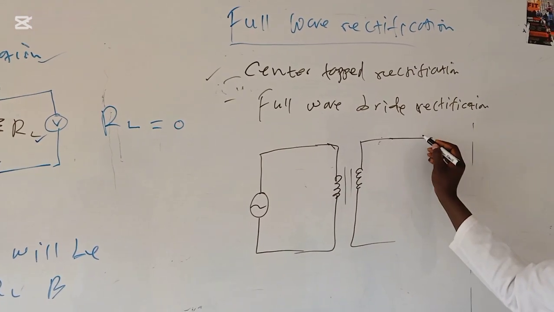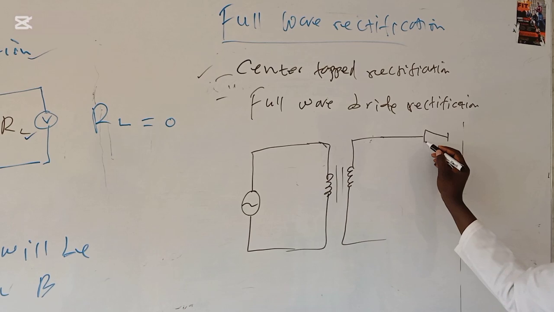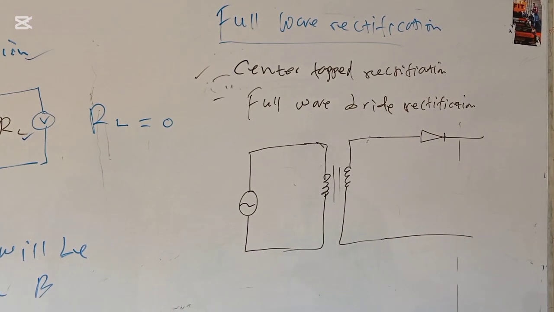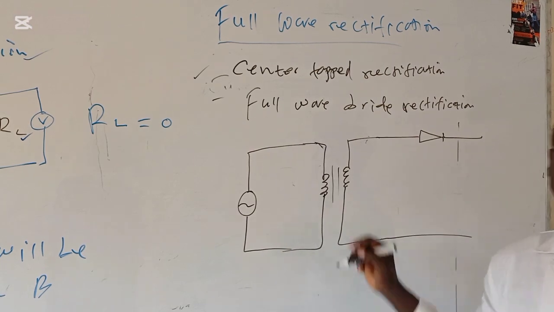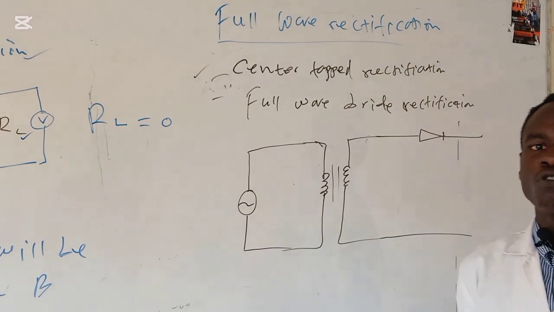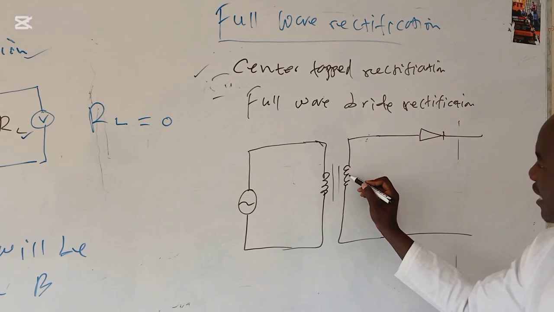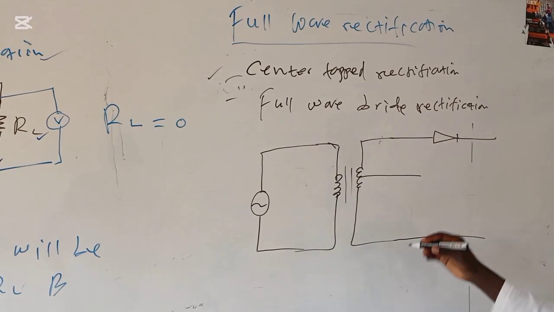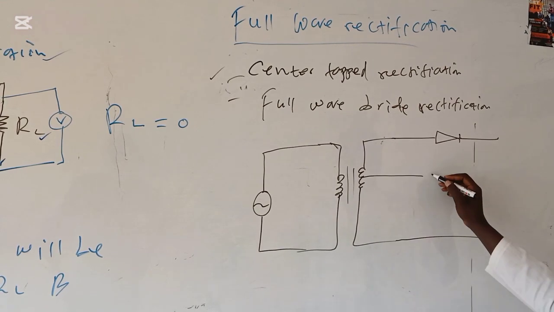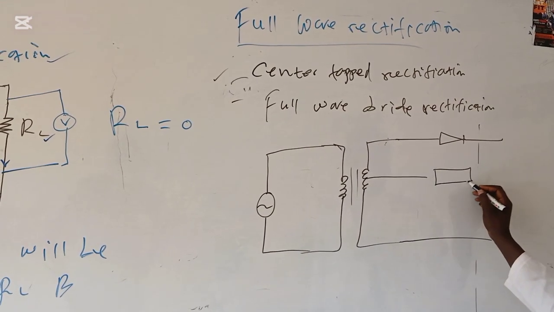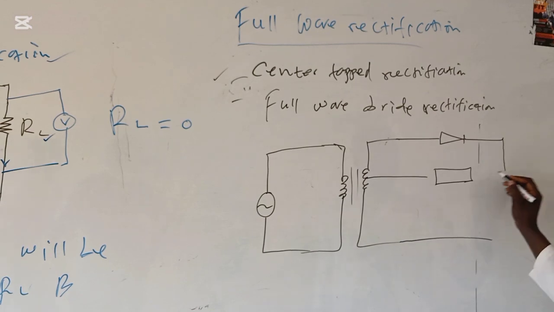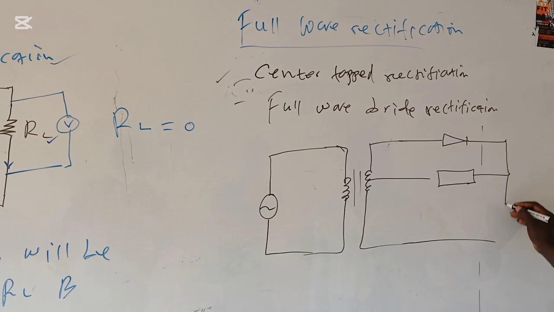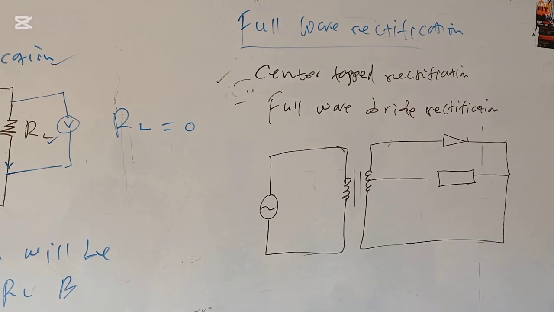We have a diode here, and we also look at the center tap of the secondary winding of the transformer. We take the secondary winding connected to our load resistor, connected like that, and we complete the circuit like that.